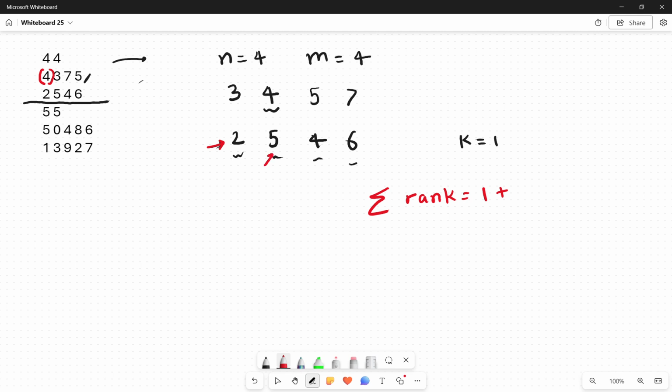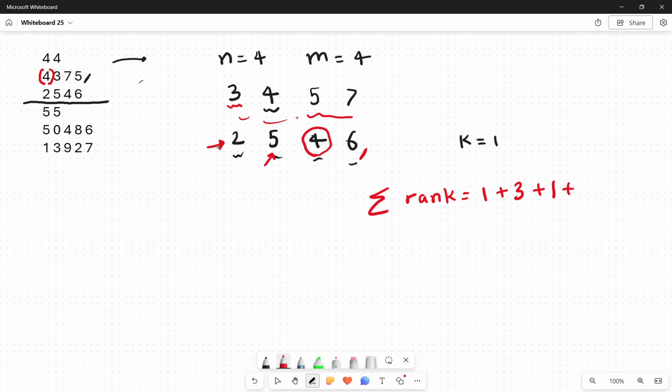For the second contest, Kevin and the guy with a rating less than Kevin won't be able to solve that question, but these two guys will solve it. So Kevin's rank will be 3. What about the 4? Kevin will be able to solve this question and so do these guys, so Kevin's rank will again be 1. What about the 6?